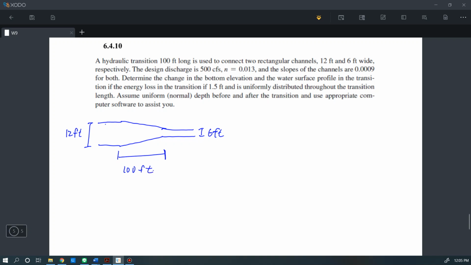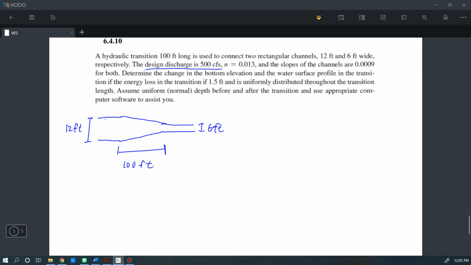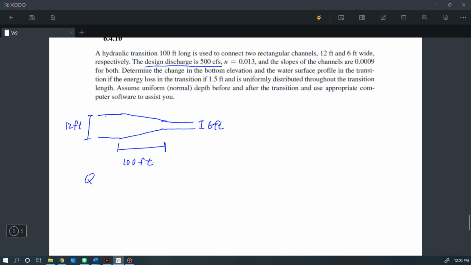And we have the design discharge equal to 500 CFS. The Manning coefficient n is 0.013. I guess that is because it is a concrete channel.